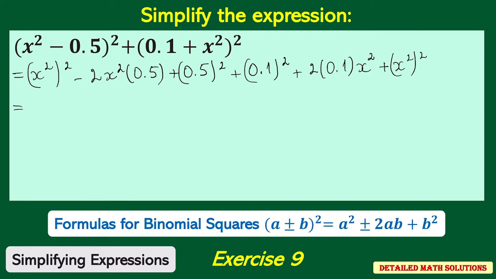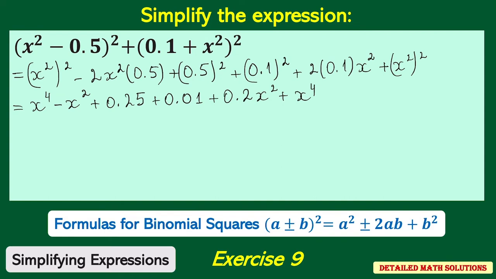When I simplify further, I get x⁴ − x² + 0.25 + 0.01 + 0.2x² + x⁴.